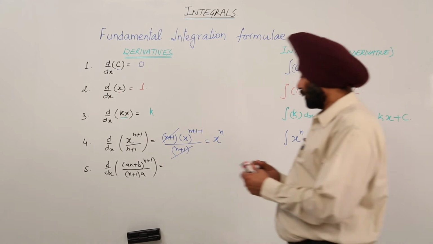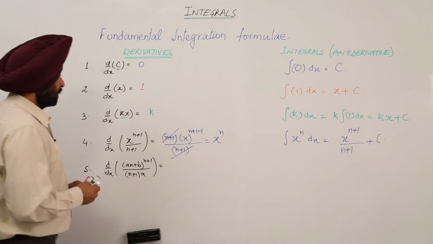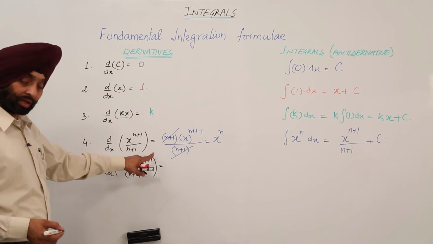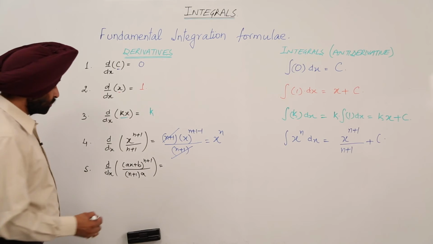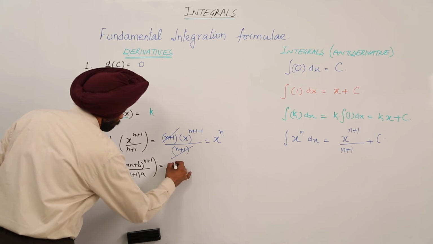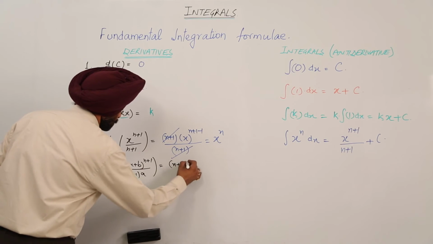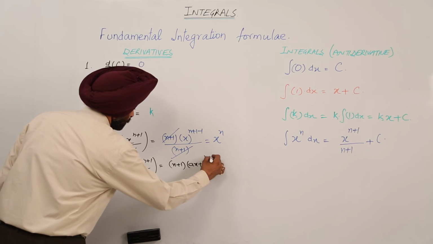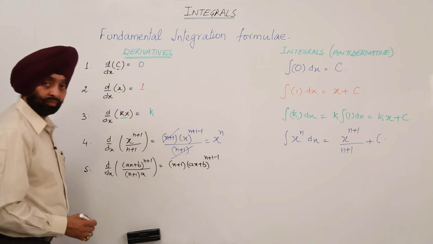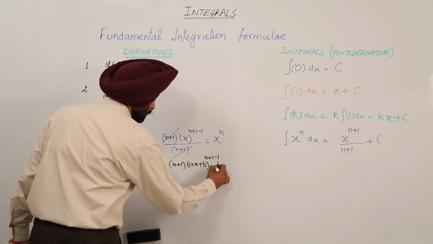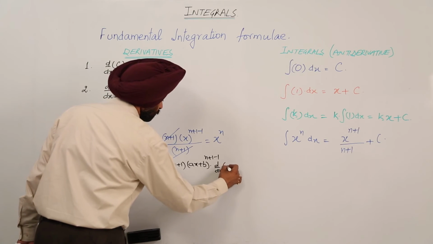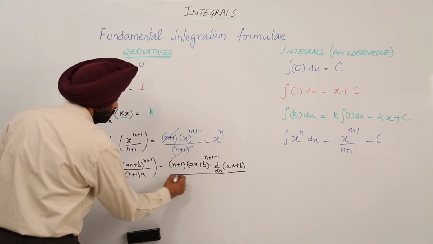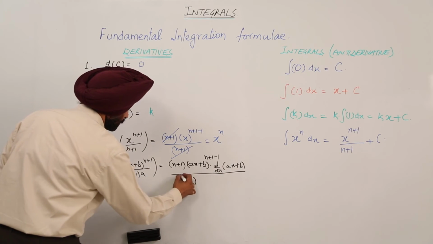Now the last part: d by dx of ax plus b raised to power n plus 1 upon n plus 1 into a. This becomes n plus 1 with ax plus b raised to power n plus 1 minus 1, into d by dx of ax plus b, upon n plus 1 with a.